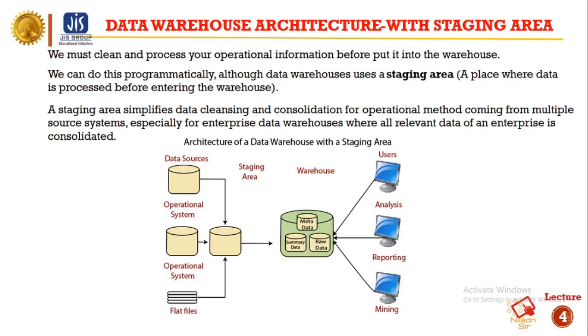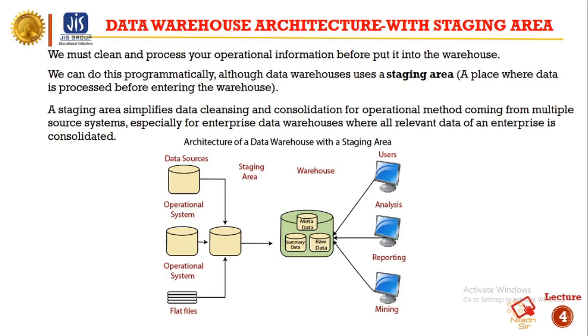A staging area simplifies data cleansing and consolidation for operational methods coming from multiple source systems, especially for enterprise data warehouses, where all relevant data of an enterprise is consolidated.